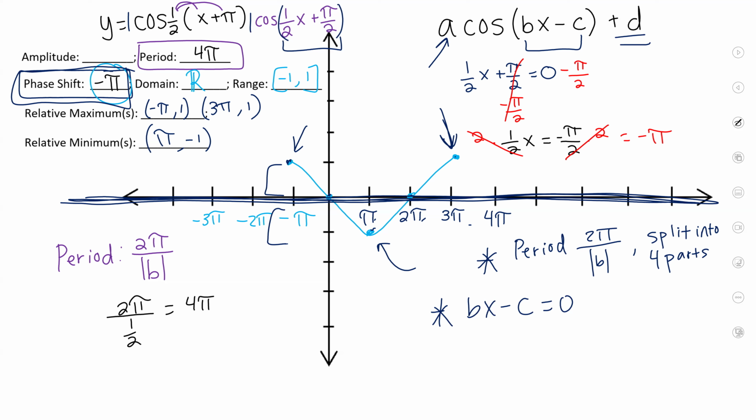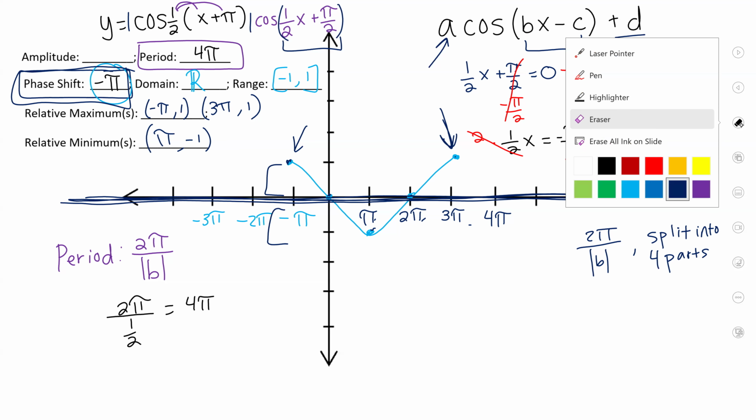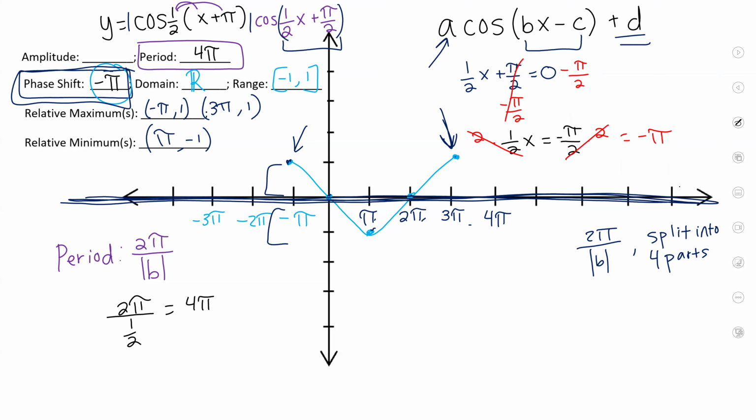Okay? All right. Now, you could always do it the longhand version. Once you find your period and you write down what values you would plug in for cosine, let me show you how that matches up. I'll just do one. So the equation is, the original problem was cosine of 1/2 times (x plus pi). Well, these are my x values.